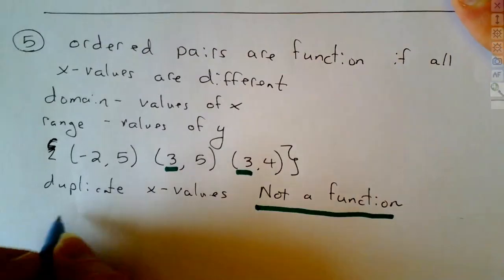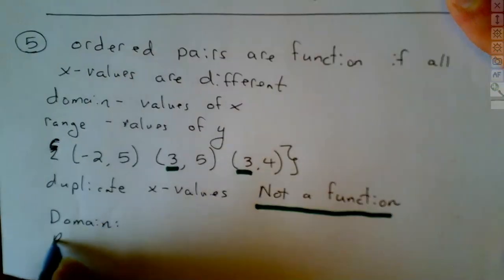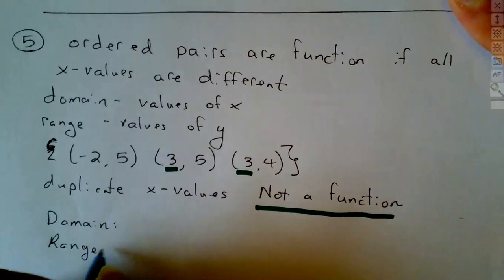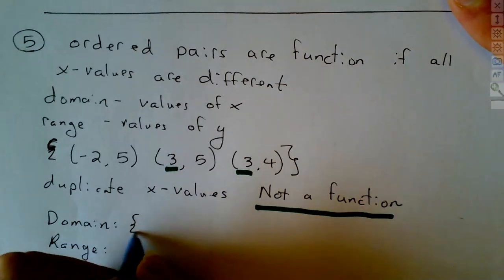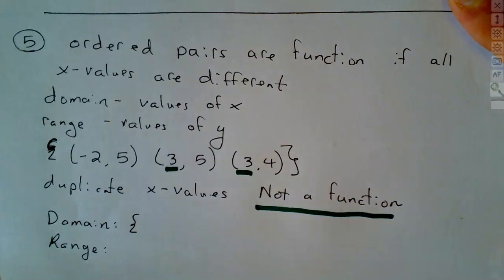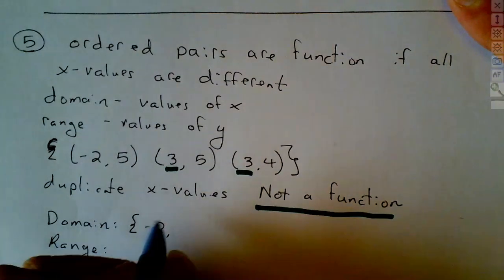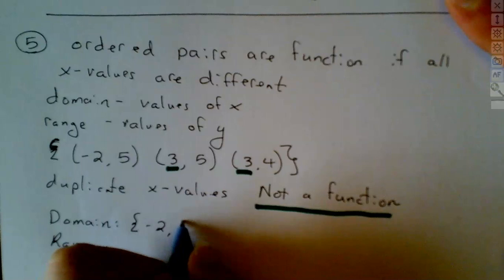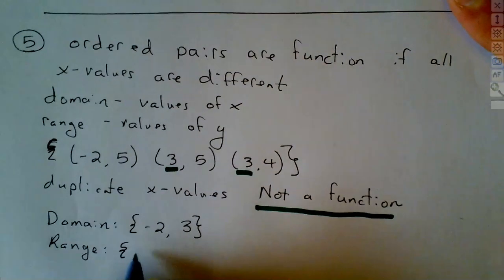And let's go ahead and get our domain and our range. Now the domain again is the values of x, and we're going to put these in order from smallest to largest, and we're going to use curly brackets. Duplicated values only get written once, so our domain would be the numbers -2 and +3, and our range would be the values 5.